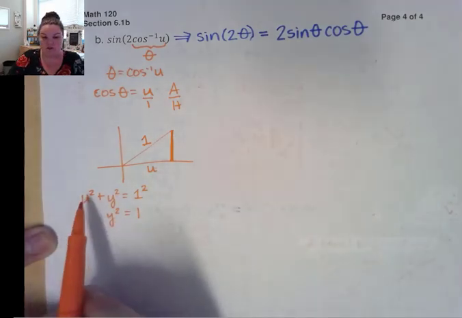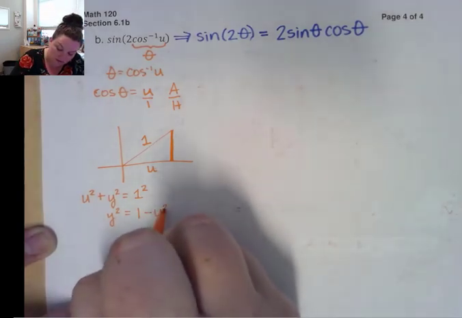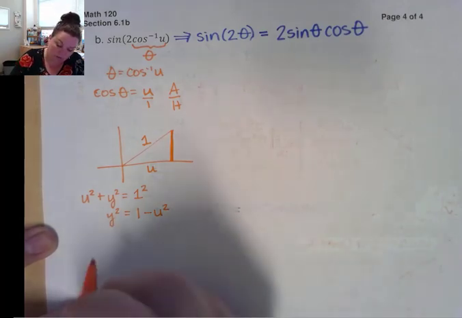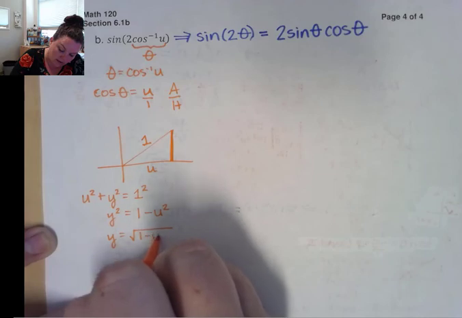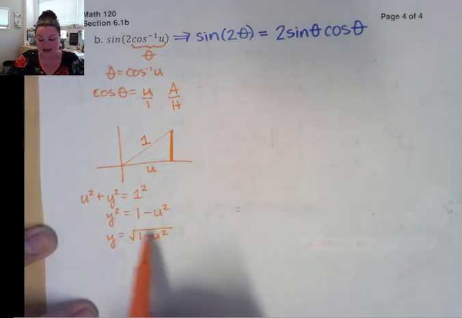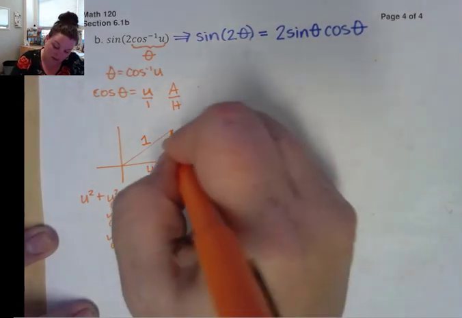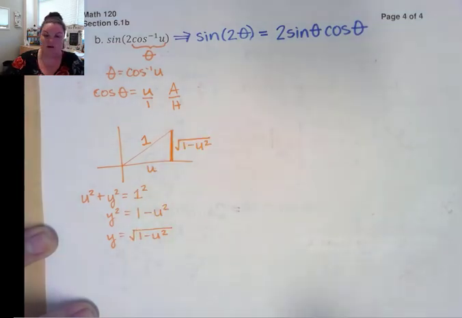So I'm going to take this u squared and subtract it to the other side, minus u squared. And then to get y by itself, I take the square root. So y is equal to the square root of 1 minus u squared. Again, I cannot simplify this because even though there's a u squared, it's stuck like glue to this 1 with that subtraction sign. So this is as simplified as I can get for y. So I'm just going to label that side square root of 1 minus u squared.